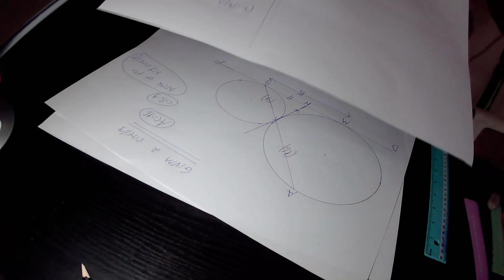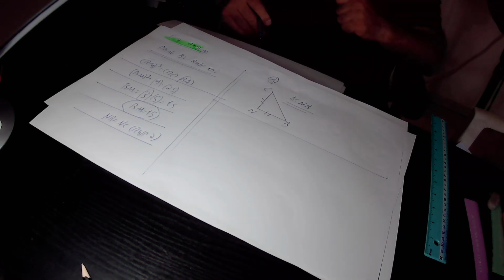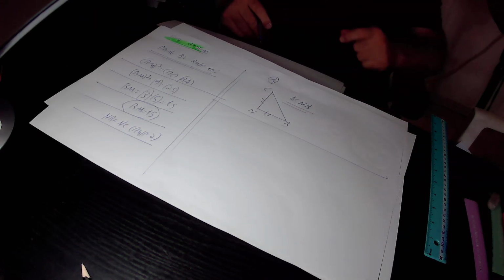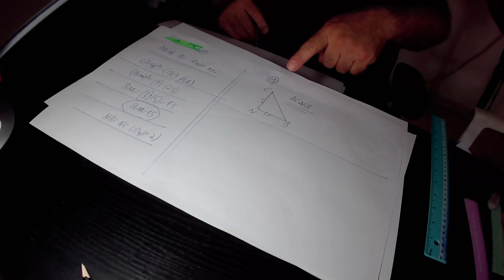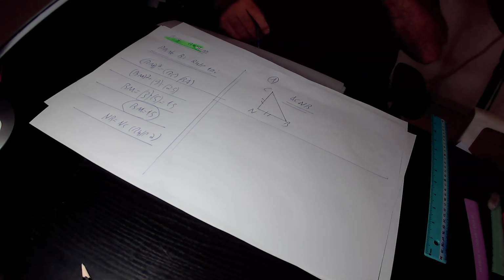Okay, this is triangle CNB that I copied from the original drawing. In this triangle, side CN equals side NB.